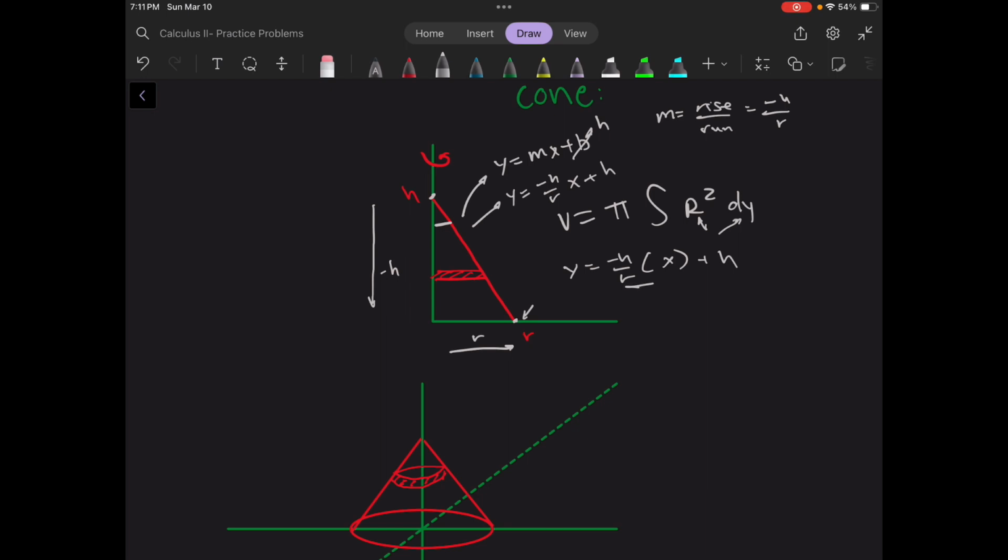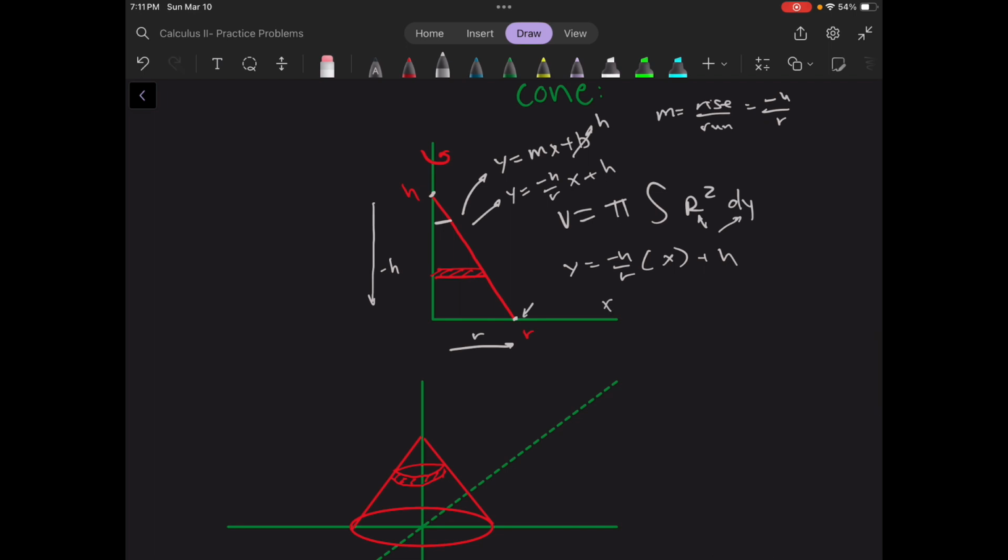But we have a function of x. So let's just solve it for x so that we have a function of y. This becomes x equals minus r over h times y minus h, right? So this is our radius function.